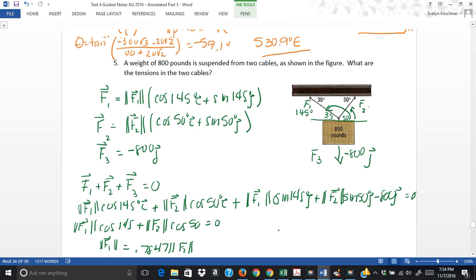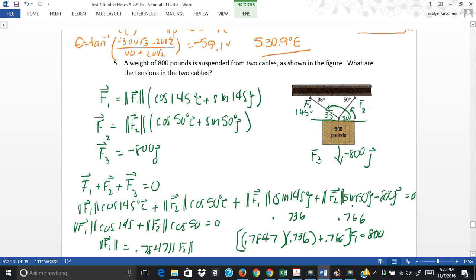I know that the sine of 145 is 0.5736, and the sine of 50 is 0.766. So I'm going to plug in F1, so I have 0.7847 times 0.5736 plus 0.766, and those are all times F2, and that's going to equal 800.